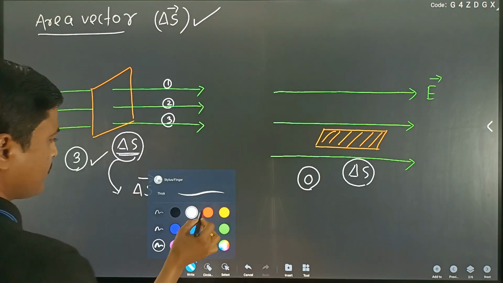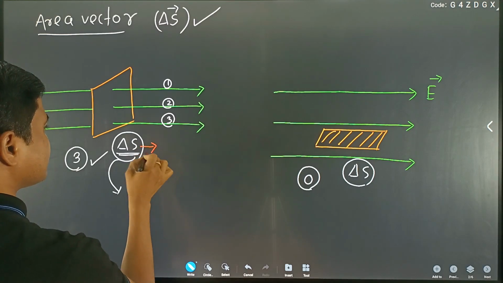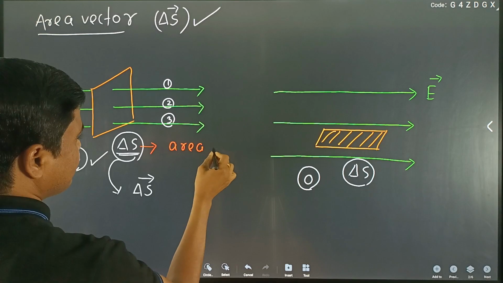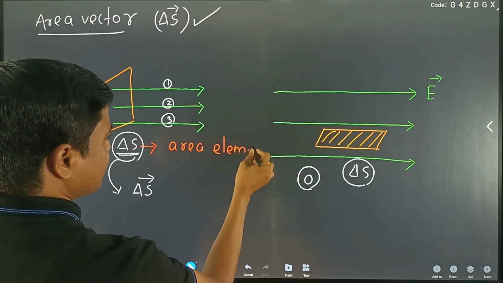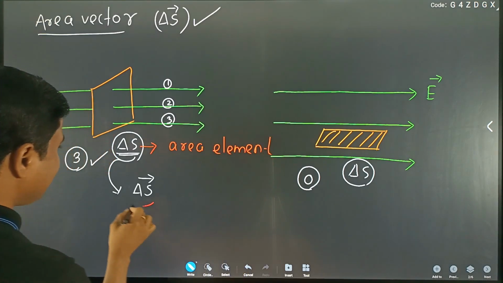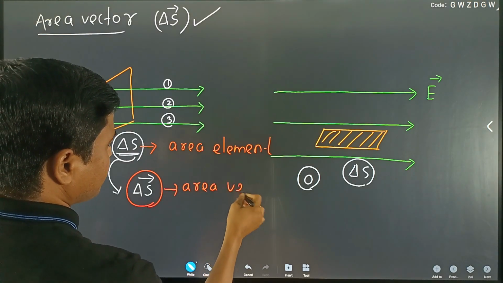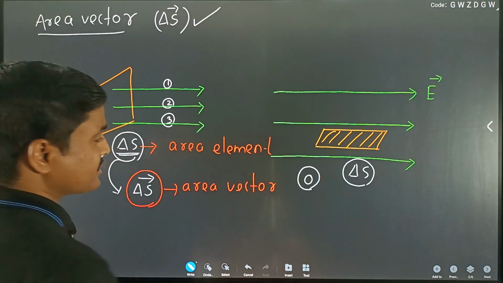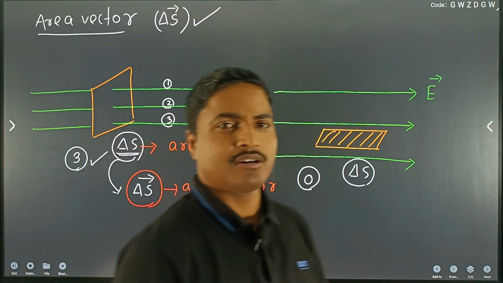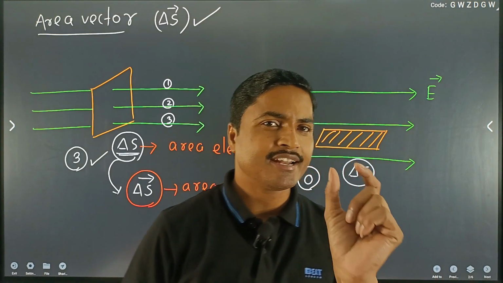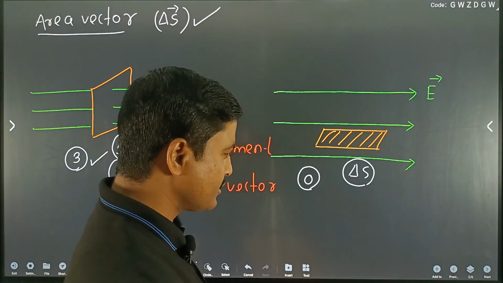This is the difference. Del S is simply the area or area element, and del S vector is the area vector. Then what is the direction of the area vector? Because you know, vector means magnitude is there and direction is also there.